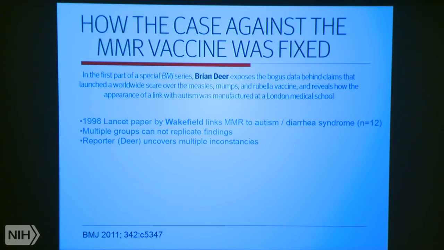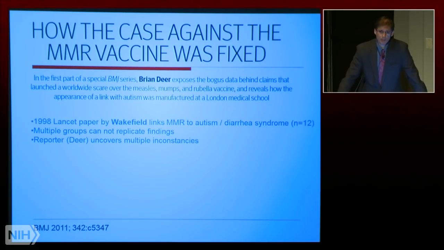So in 1998, there was a paper by Wakefield that linked the MMR vaccine, the mumps, measles, and rubella vaccine, to a syndrome that was associated with autism and diarrhea. This syndrome he highlighted in 12 patients, and this was published in Lancet.